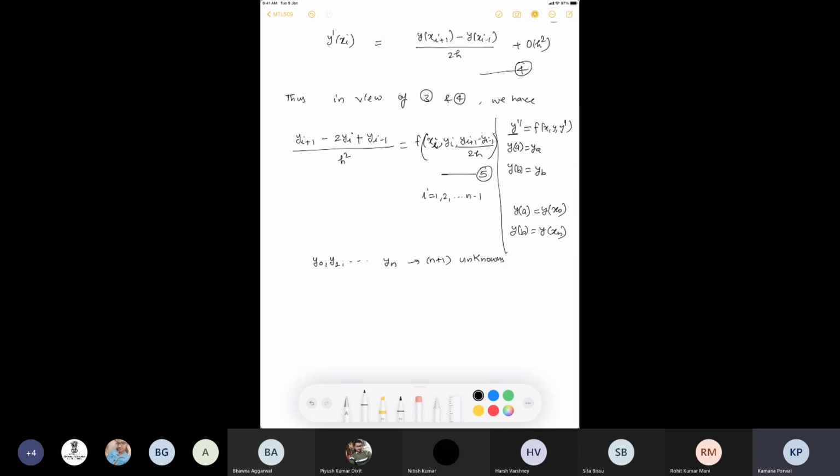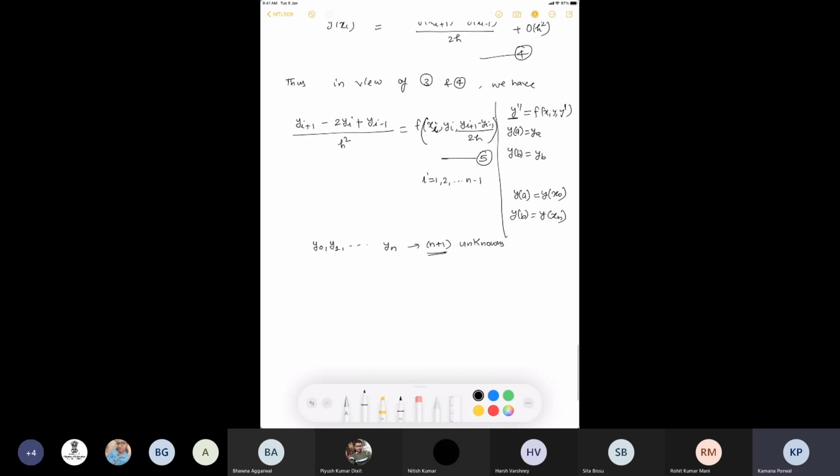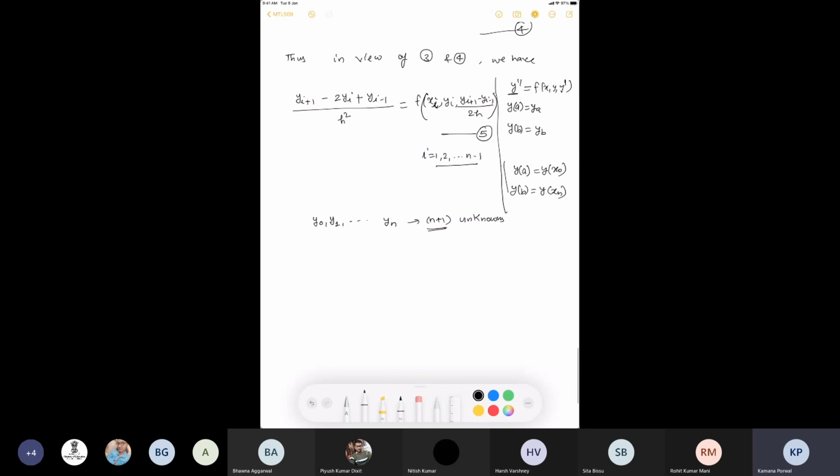The range for i is 1 to n minus 1, so we are going to get n minus 1 equations from equation number 5. We have n plus 1 unknowns, and to solve for them we need n plus 1 equations. But so far we could get only n minus 1 equations. So how do we get the 2 more equations? We use the boundary conditions.